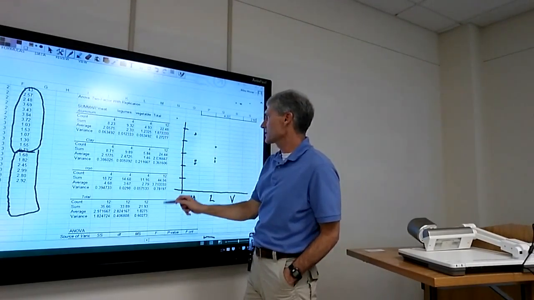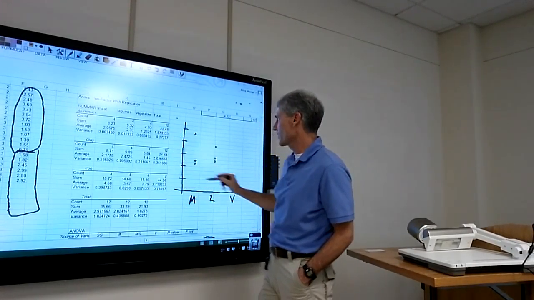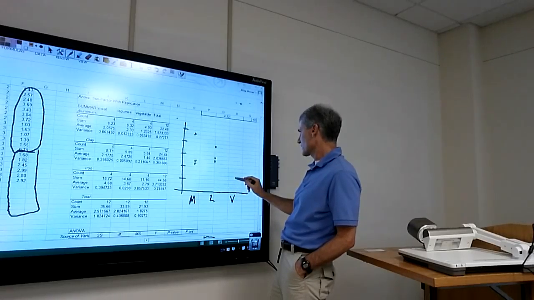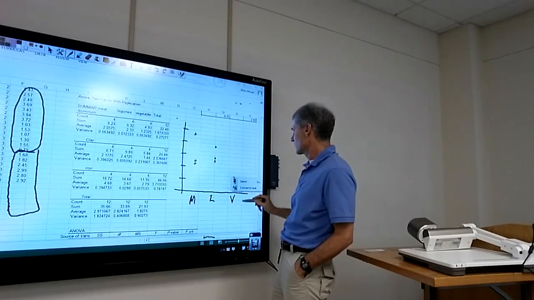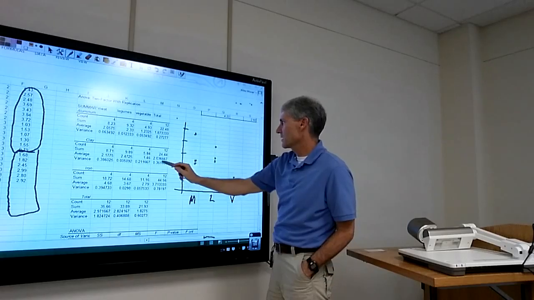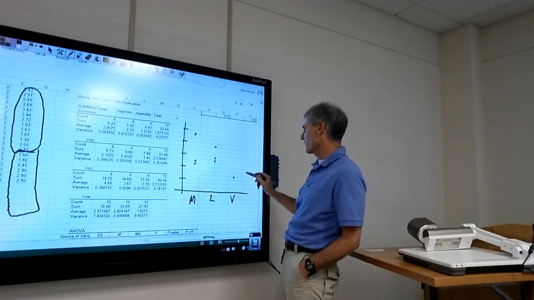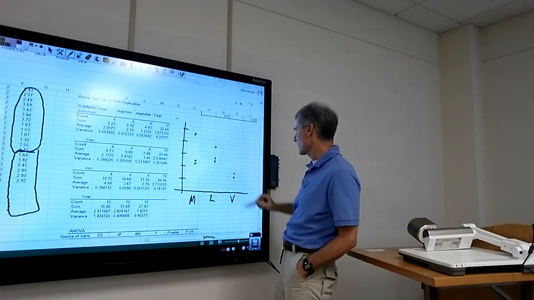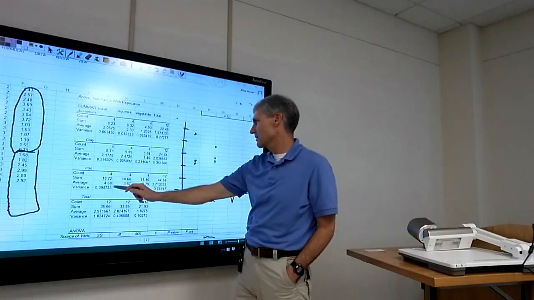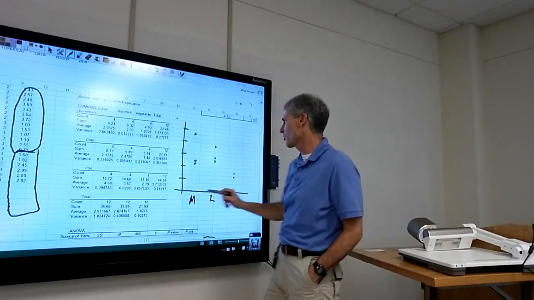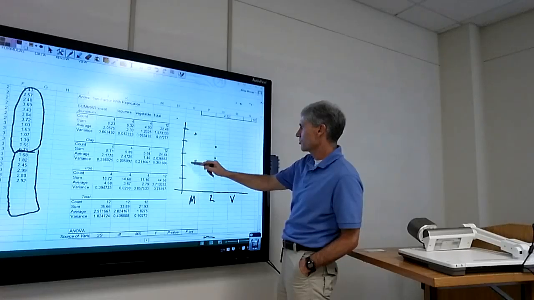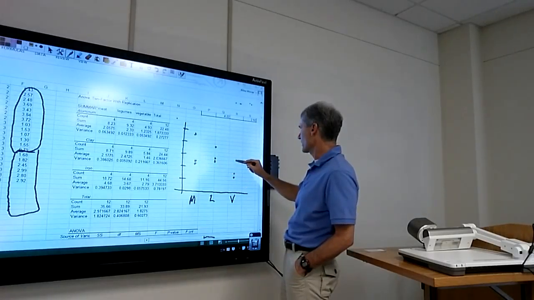And then for veggies, we've got 1.2, so that's down here, and then about 1.5, and then iron is 2.8, about right there.